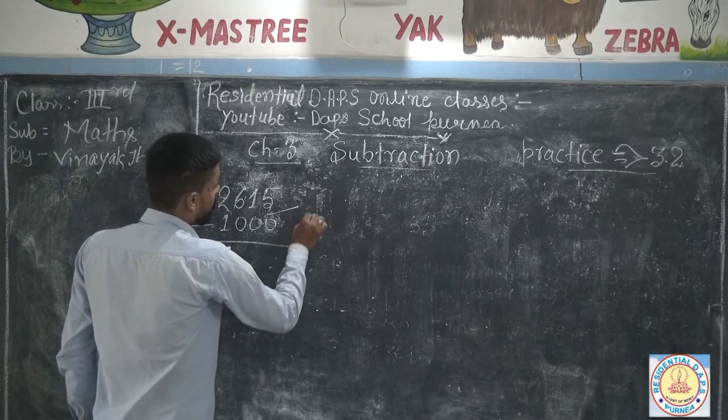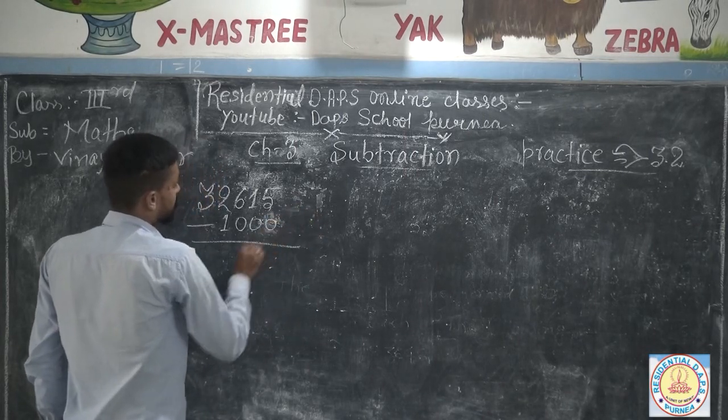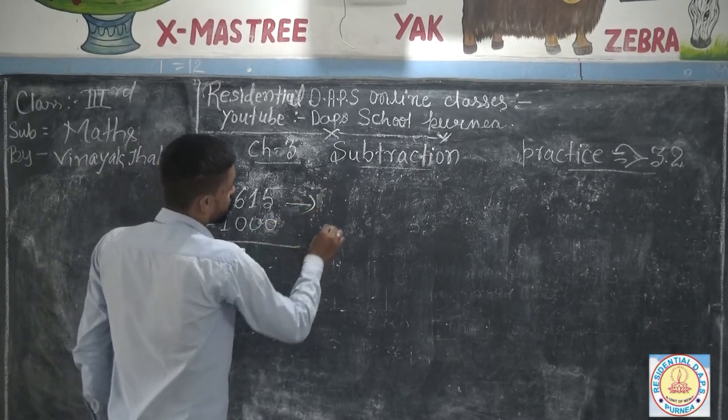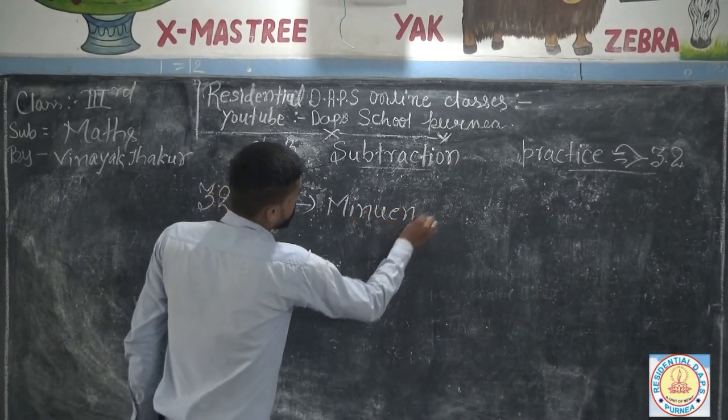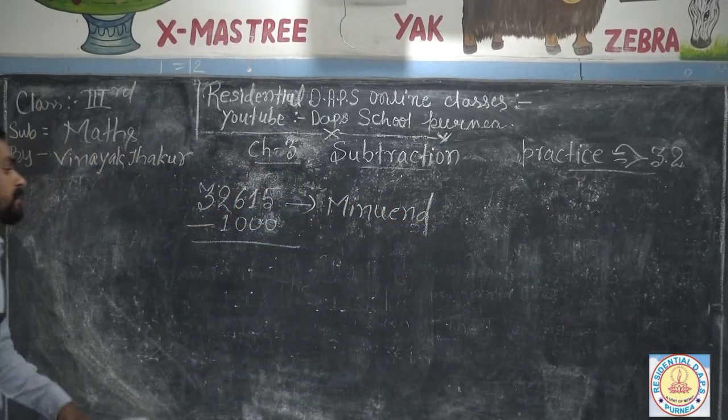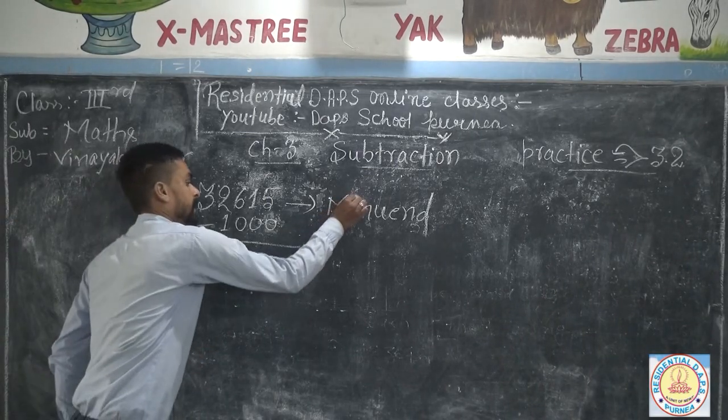So your first number in subtraction is always known as the minuend.